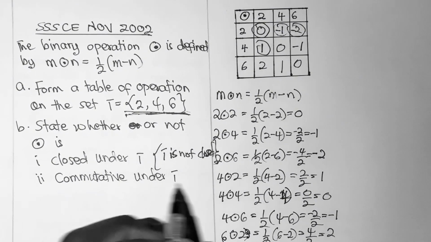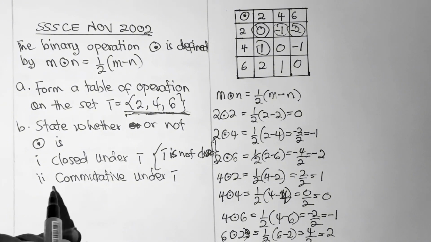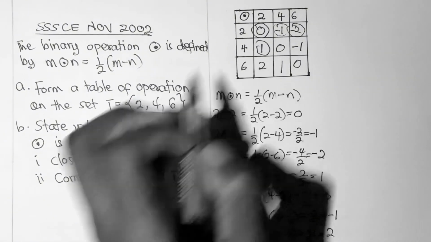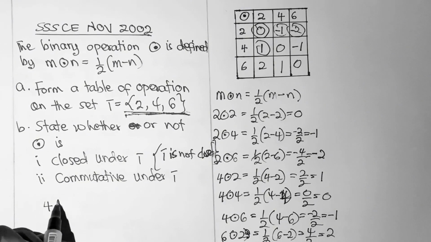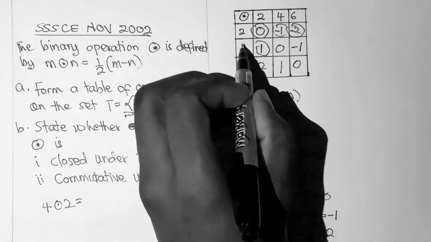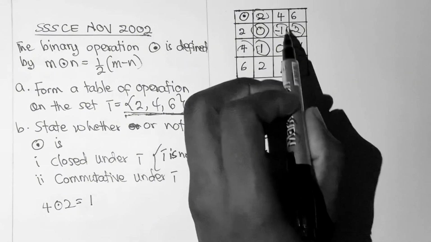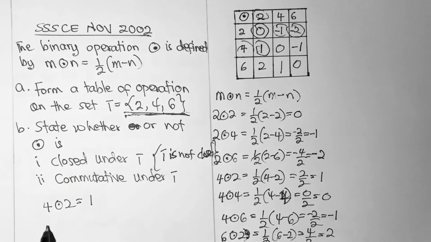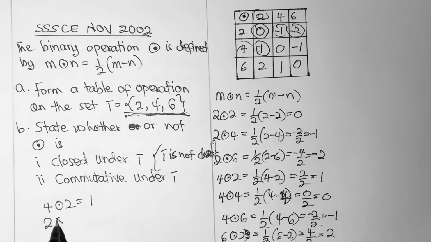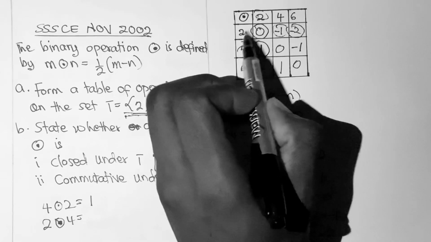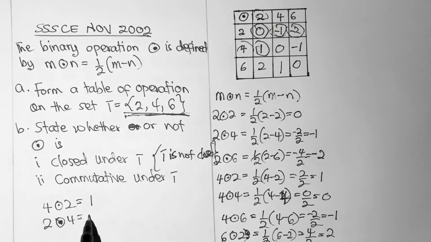Now, he also says we should find whether the operation is commutative. Now, let's find 4 operation 2. 4 operation 2 is 1. Now, let's find 2 operation 4. 2 operation 4 is minus 1.